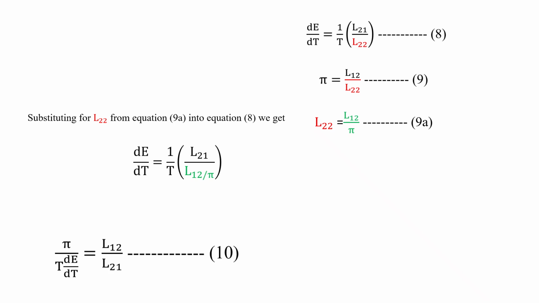So now from this equation we can write the value for L12 by L21. The denominator has L12 and the numerator L21. When you rearrange it, you will get the equation L12 by L21 is equal to π by T into dE by dt. This is equation number 10.